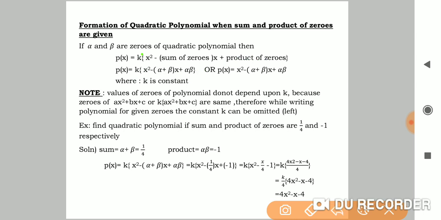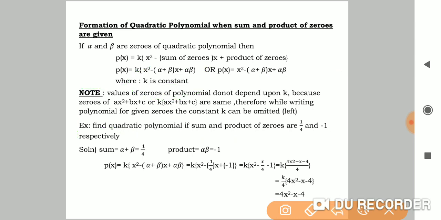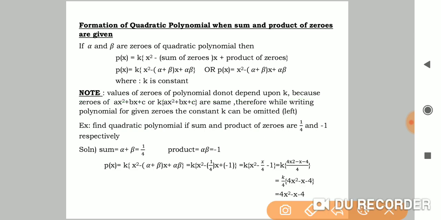Here we have used k, which is nothing but a constant. Here k can be omitted. How can we omit k? The zeros of a polynomial do not depend upon k, which is a constant, because the zeros of ax square plus bx plus c, or k into bracket of ax square plus bx plus c, are the same.